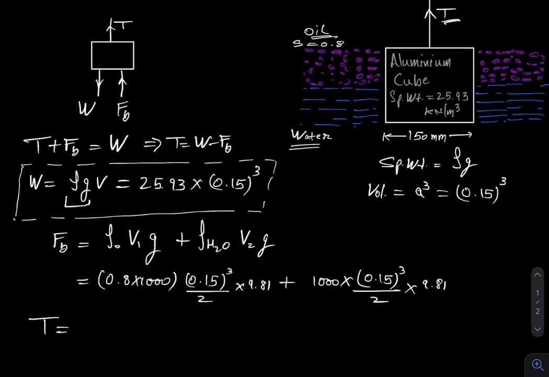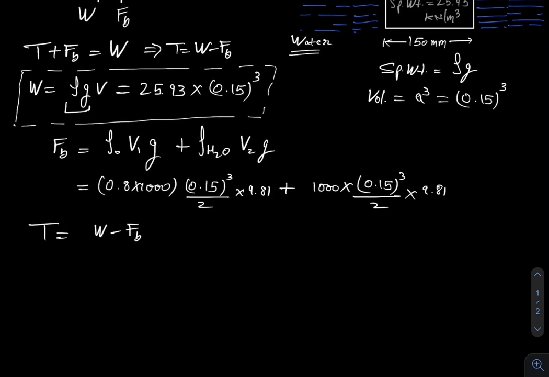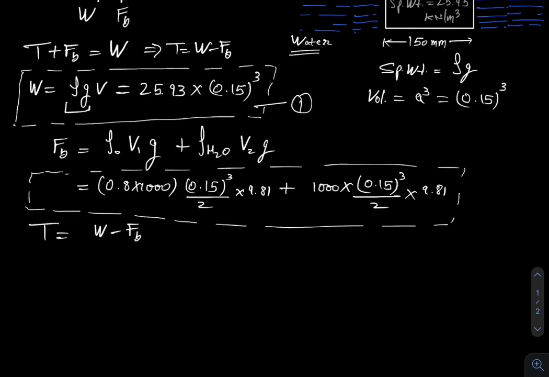So what will be the tension? Tension will be equal to W minus Fb. We have already calculated both, the equation for W as equation 1 and the equation for buoyancy as equation 2. So T is equal to W minus Fb, which is 1 minus 2.